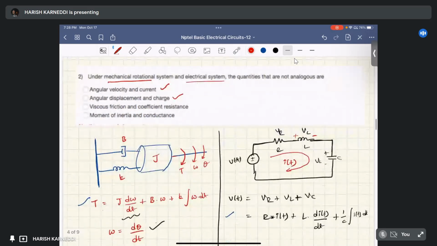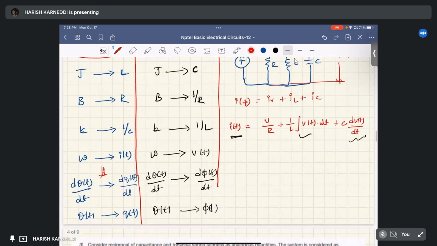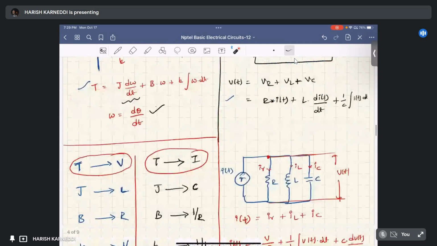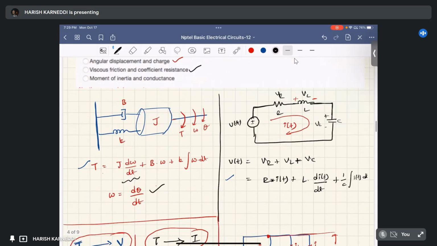Viscous friction and coefficient of resistance. The viscous friction, that is the friction coefficient b, and the resistance R are analogous to each other. So this one is also correct. And moment of inertia means it is J, right?